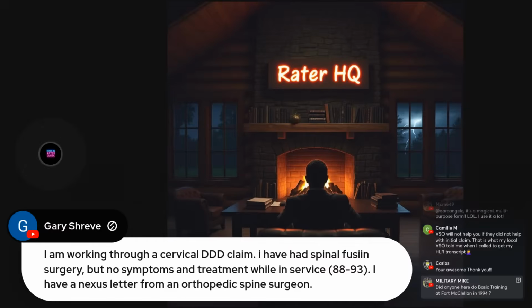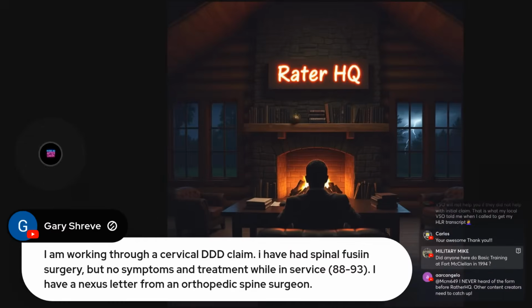They will try to service connect the symptoms that happened prior to the spinal fusion to service. That doesn't mean you won't be rated. If they grant you, you'll still get rated based upon the spinal fusion because it's a natural progression of your disorder.